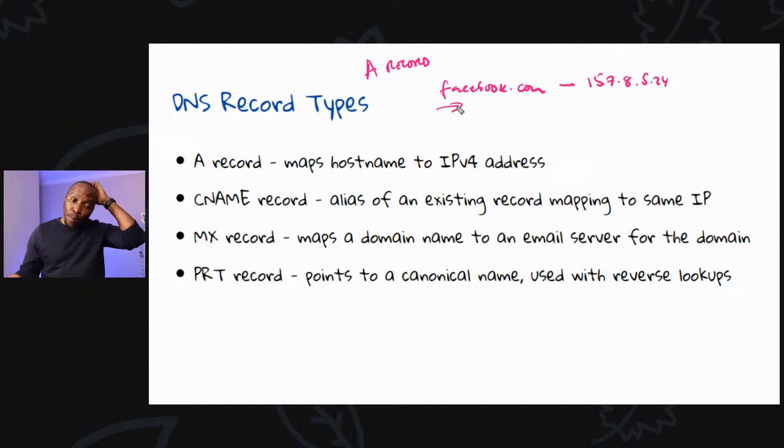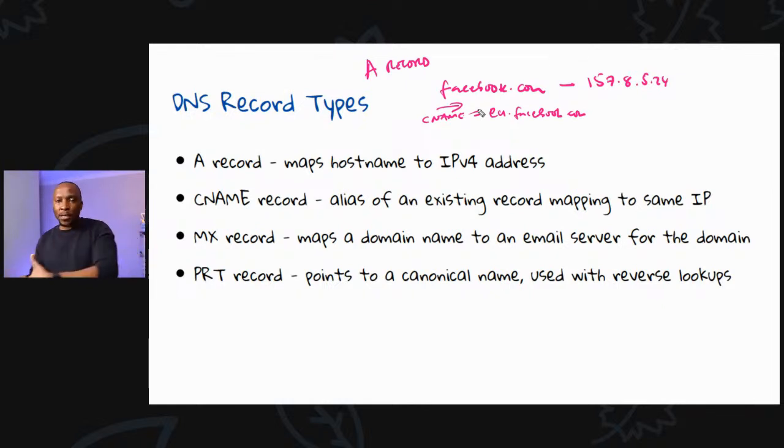Maybe I want to point eu.facebook.com to the same IP address. So I'm going to create a CNAME record, which will be stored in the DNS. And when I query the CNAME record, I get pointed to eu.facebook.com. The IP address is still the same as facebook.com, but I'm using a different record pointing to the same IP address. So that is that record.